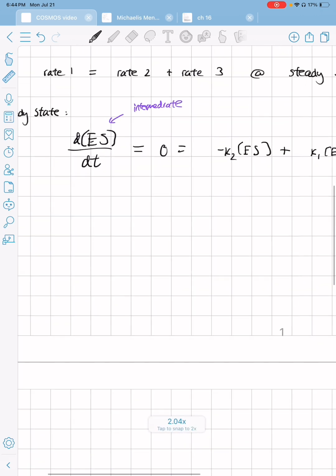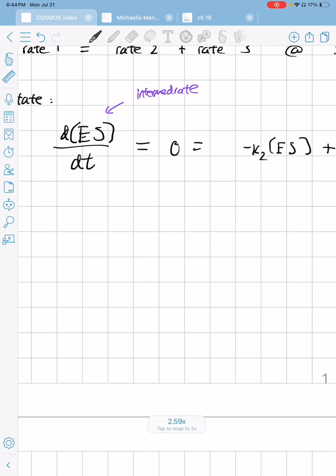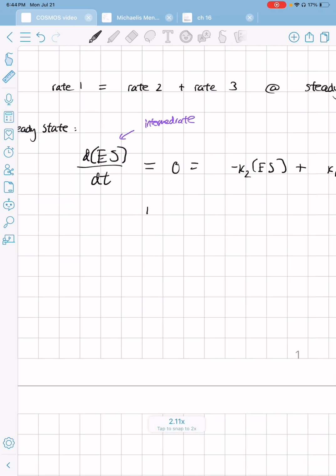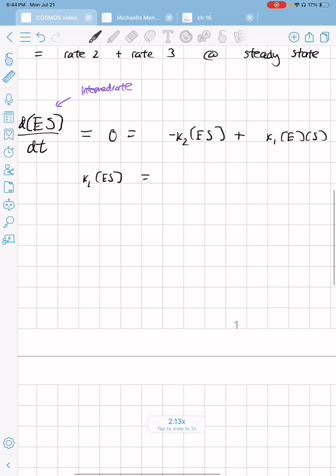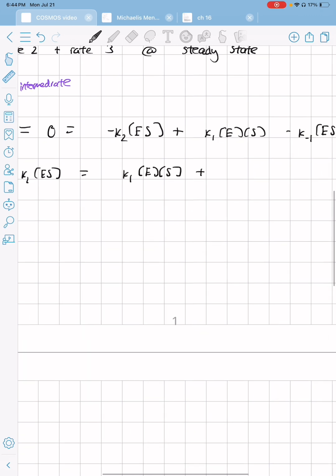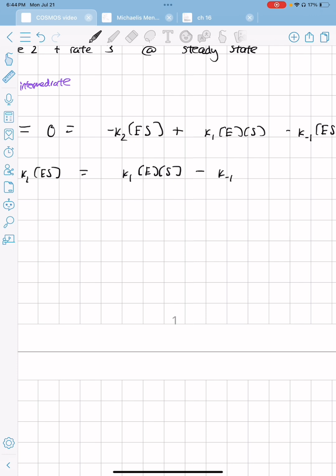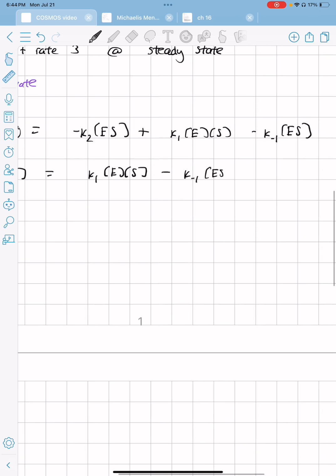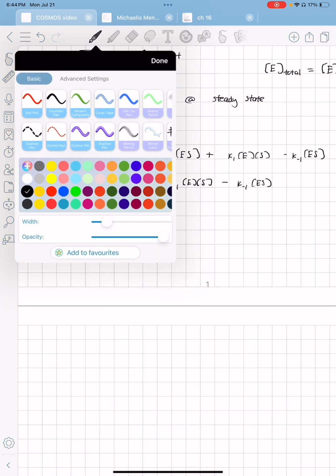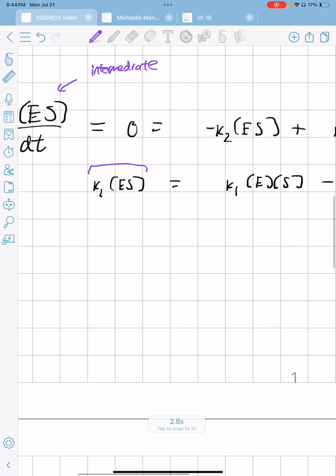Okay, so we're going to set k2 times ES equal to k1 times E times S, minus k negative 1 times ES. And this is the appearance of product.